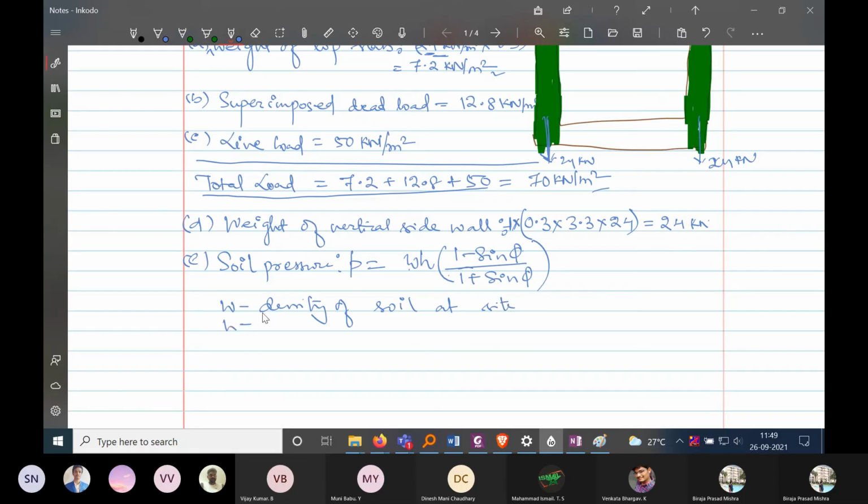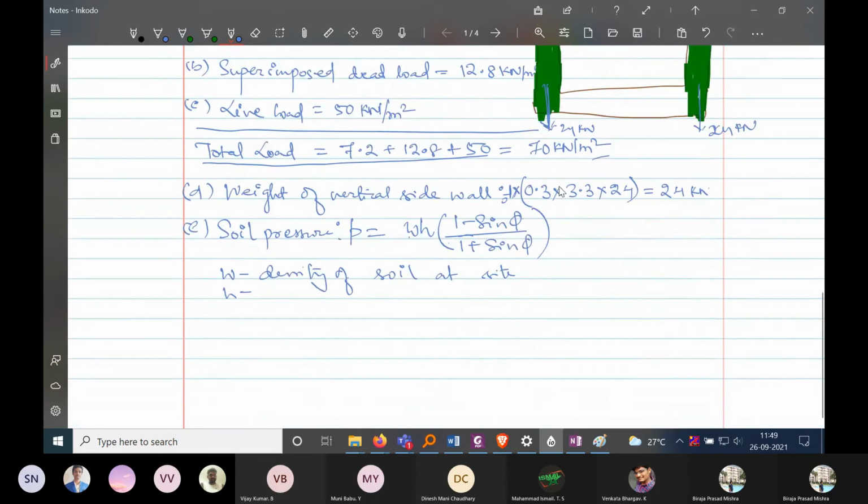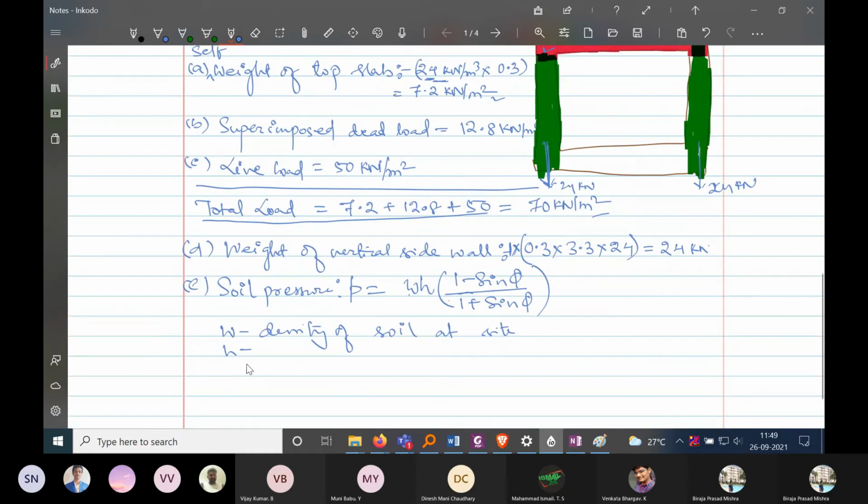H is the height, this height, or the height of the vent we have taken. Next, what is phi? Phi is the angle of repose.